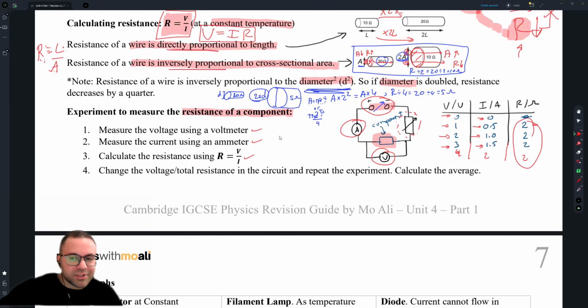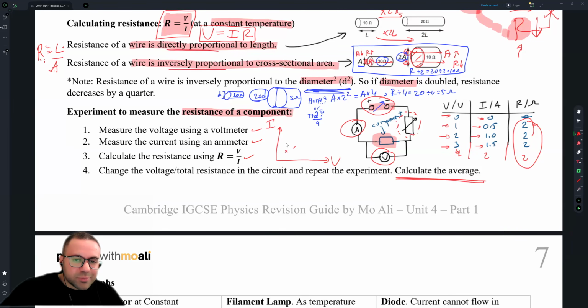Now, why do we do this? We do this, number one, so we can get an average, because it makes sure my results are reliable and accurate. And second, what we can also do is plot a graph of current against voltage, with voltage on the x-axis, because it's the primary thing I'm changing, and current on the y-axis.